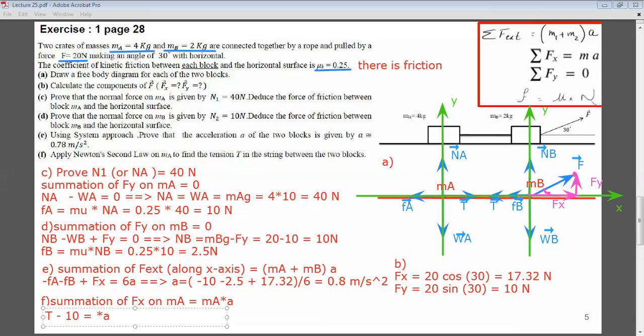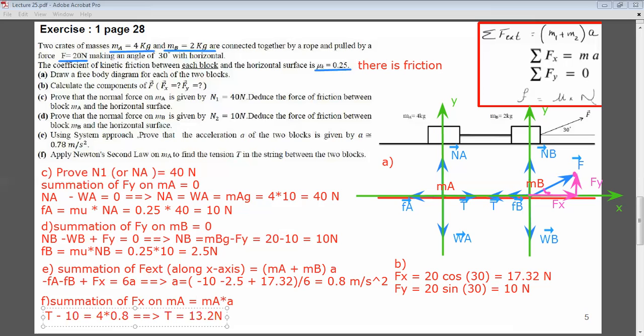MA is 4, times the acceleration 0.8, and we get tension equal to 13.2 Newtons.